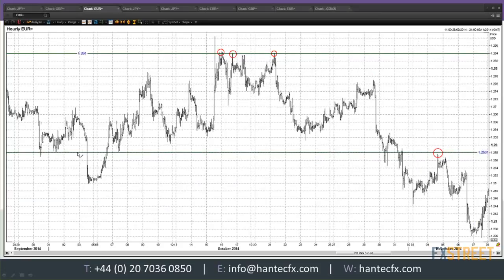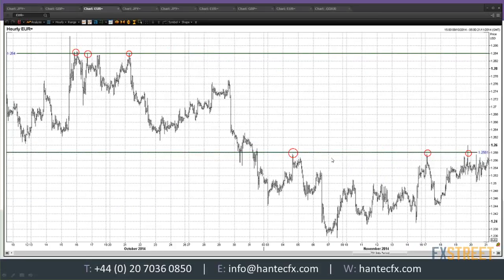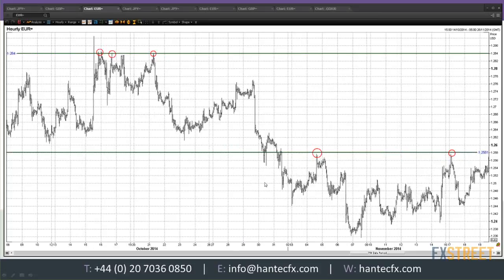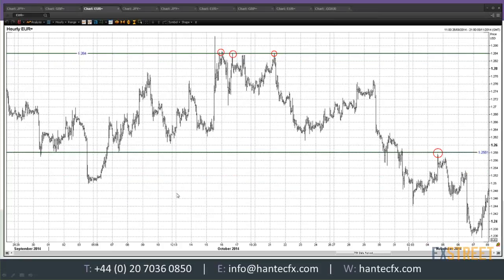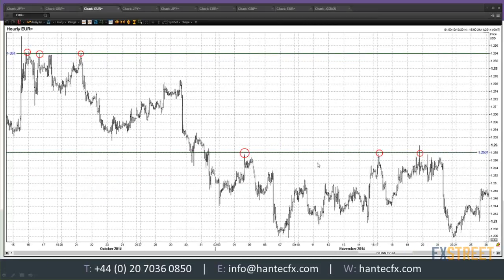And what do we see? It's used again as the basis of resistance on numerous occasions in November. So this level that we posted through September and early October comes back and is used once again throughout November as the basis of resistance on EUR/USD.